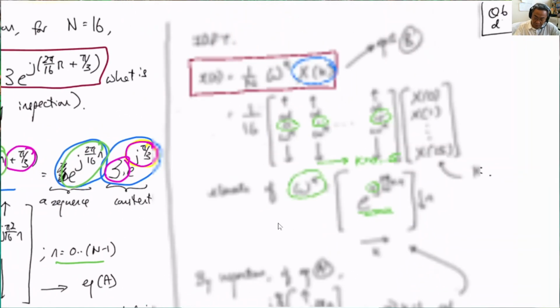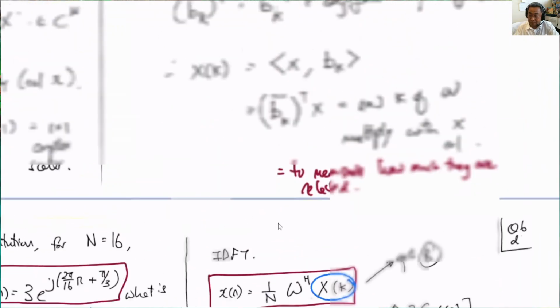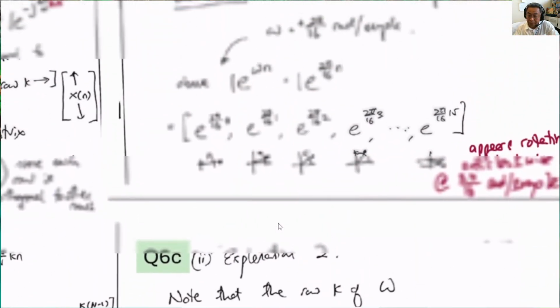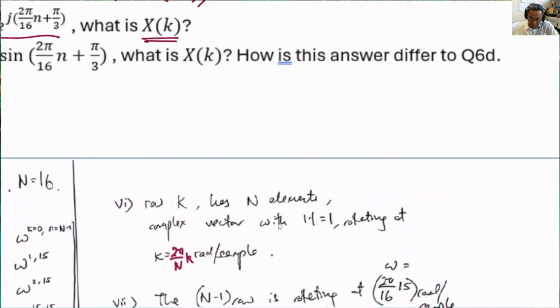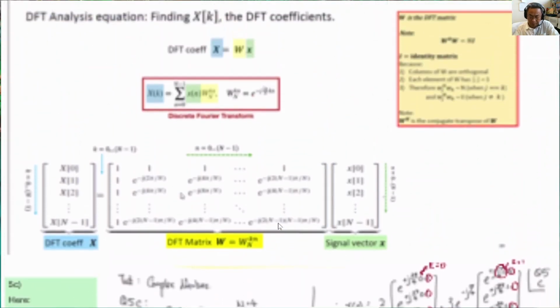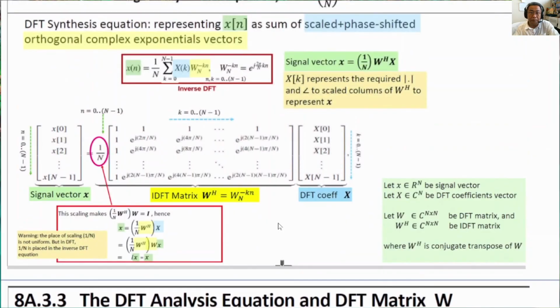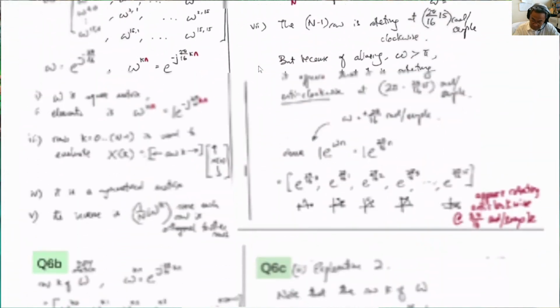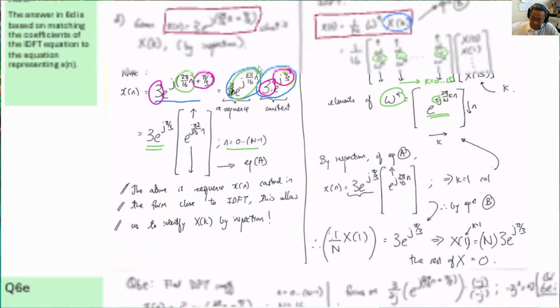If you forget, let's go and see our slides. So again, this is a slide showing the DFT synthesis equation, where we have xn equal to 1 over N times W^H and Xk. The elements of W^H are e^(+j2π/N kn).